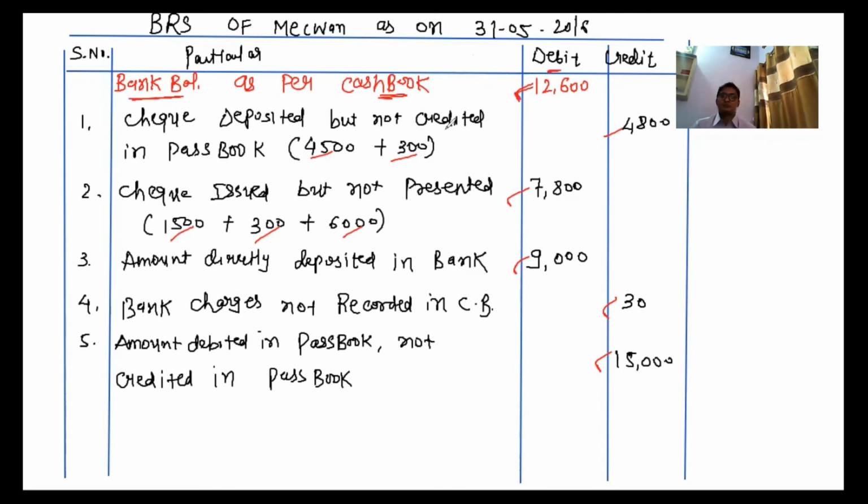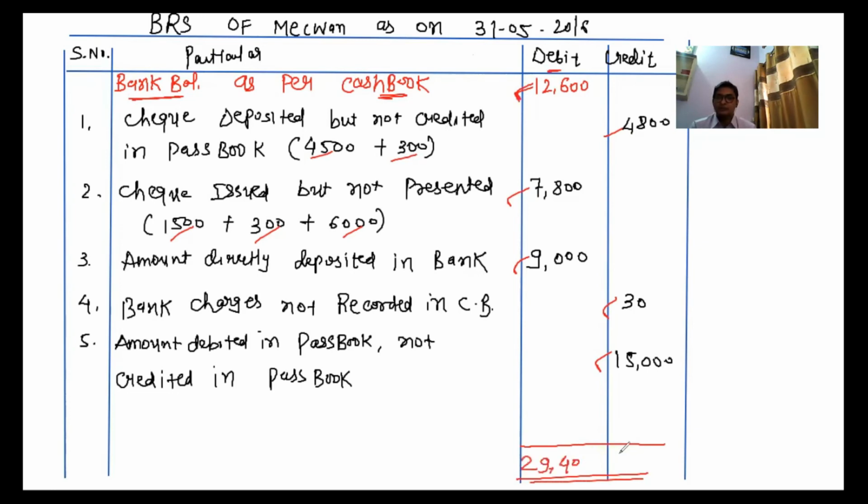Finally, this sum is over, and at last we have to total the debit side and credit side. The debit side total is higher than the credit side, and the debit side total is 29,400.